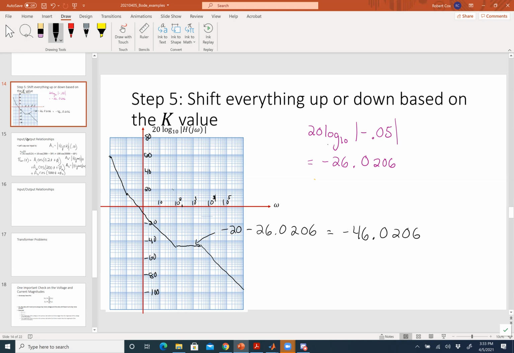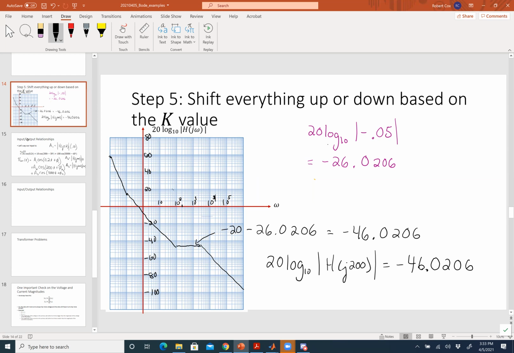So what does that mean? That means that 20 log magnitude of H(j200) is equal to negative 46.0206. You guys follow that?